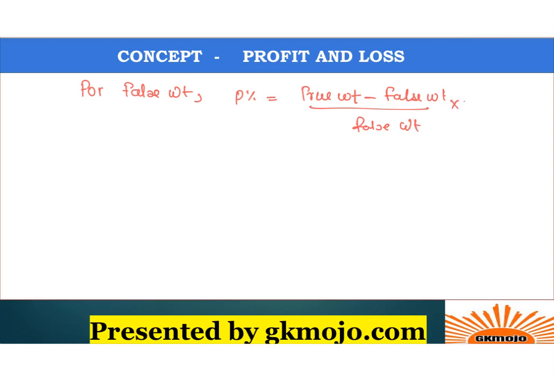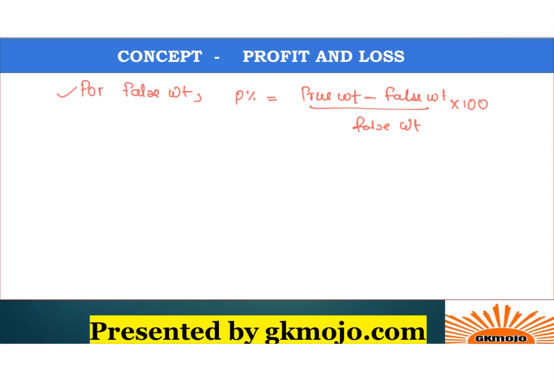For false weight, profit percentage will be equal to (true weight minus false weight) upon false weight, into 100. Many a time there will be a question that a shopkeeper is using a false weight to sell an item, and this is the amount of grams that he is cheating on. In that case, this is a straightforward formula to answer the question.